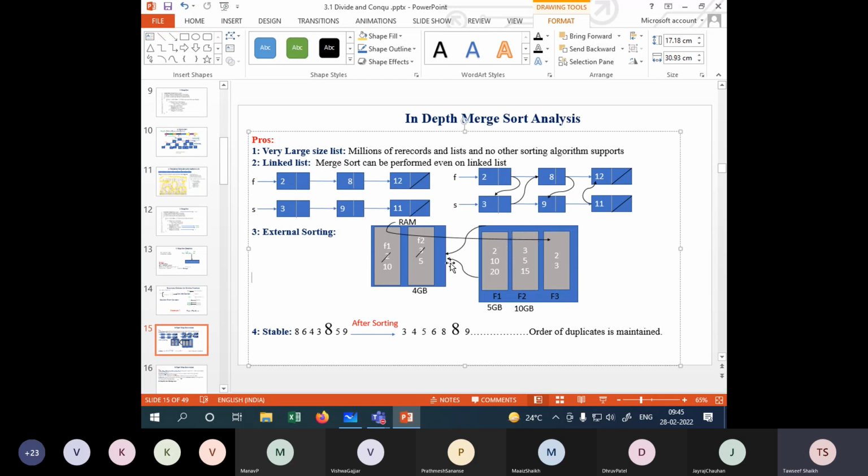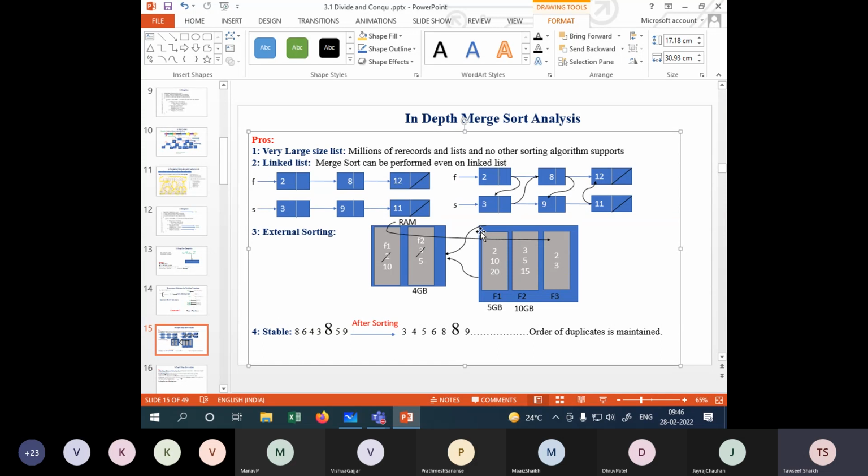This way, our merge sort does the sorting of such a huge amount of data in a limited amount of memory and stores back the data in the secondary storage device, whose storage capacity will be 5 plus 10. So this F3 will need 15 GB of memory. This way of doing the sorting is known as external sorting. And merge sort is the one algorithm which supports this concept.